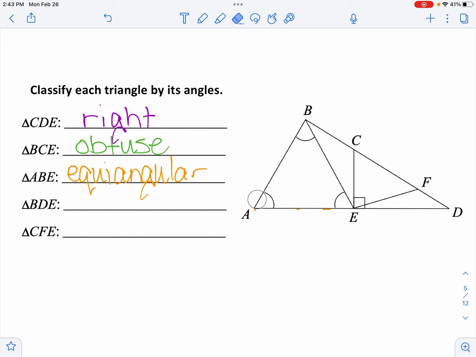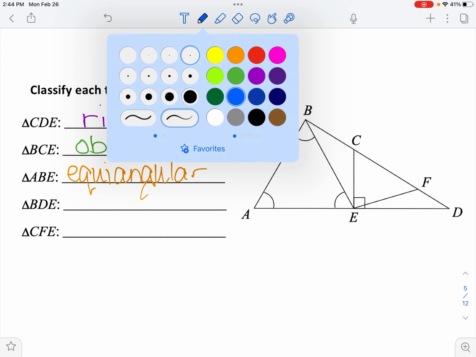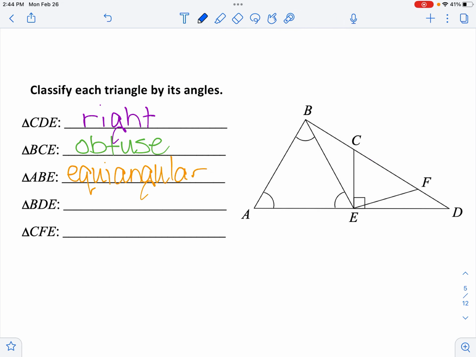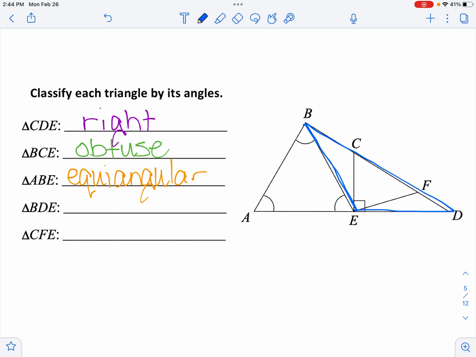All right, B, D, E. Okay, once again, this whole thing right here is bigger than 90 degrees, so that would also be an obtuse triangle.